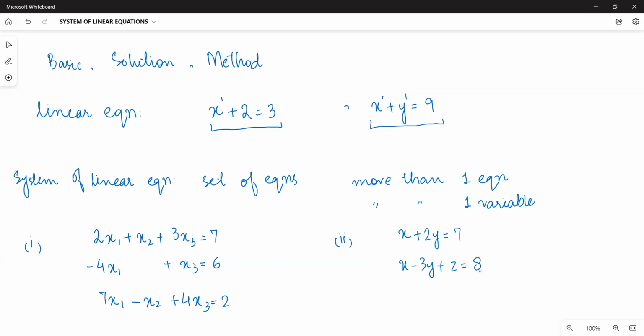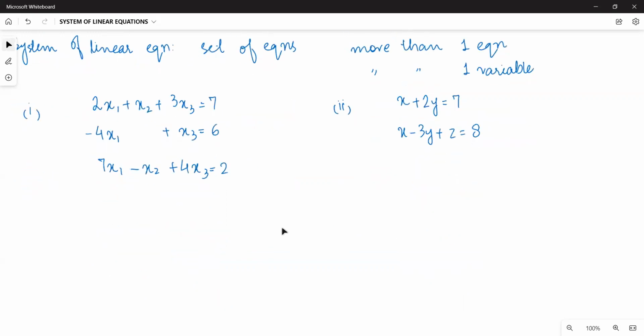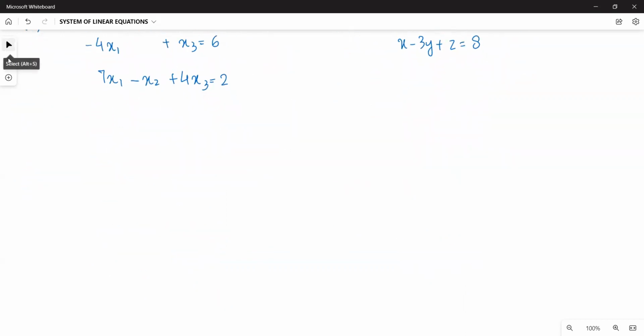So generally we can represent our system as a11 x1 plus a12 x2 plus up to a1n xn is equals to b1.